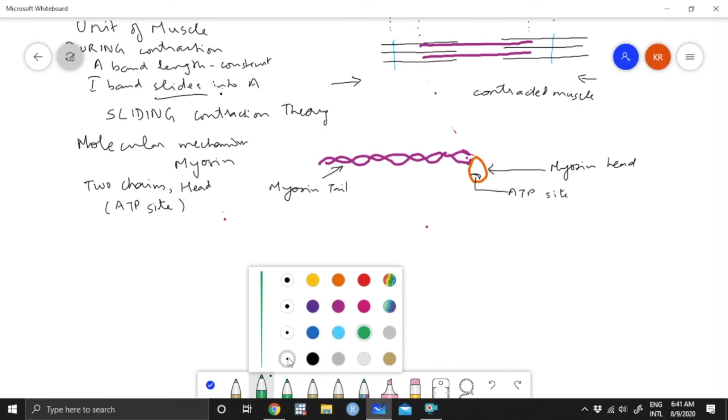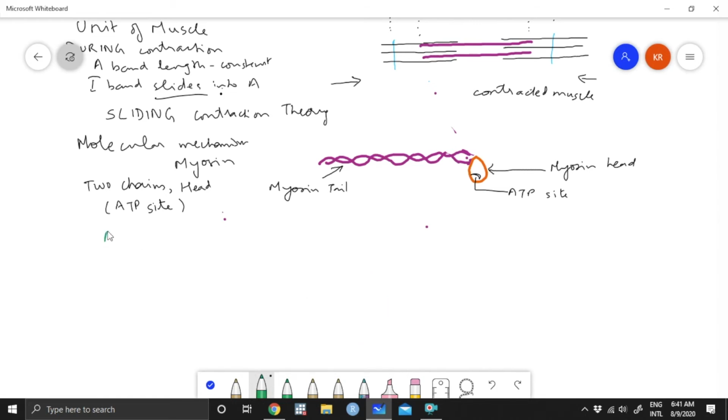Whereas actin is made up of, when we talk of them as individuals, they will be spherical.